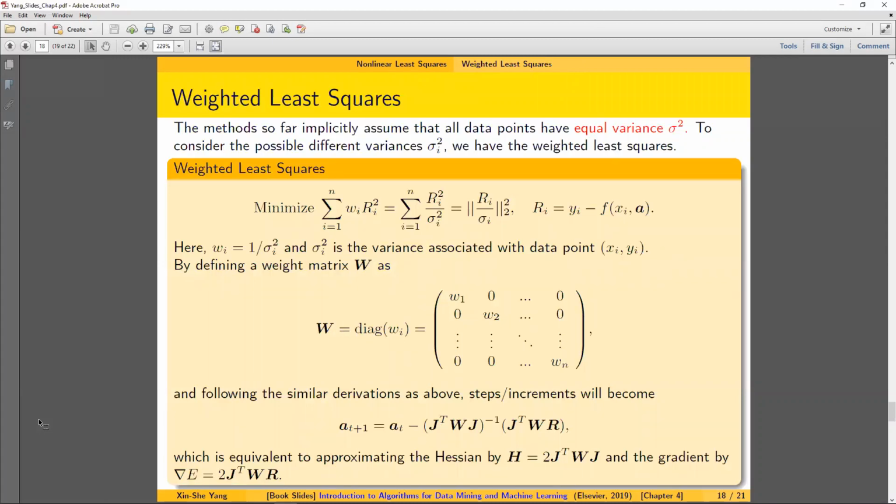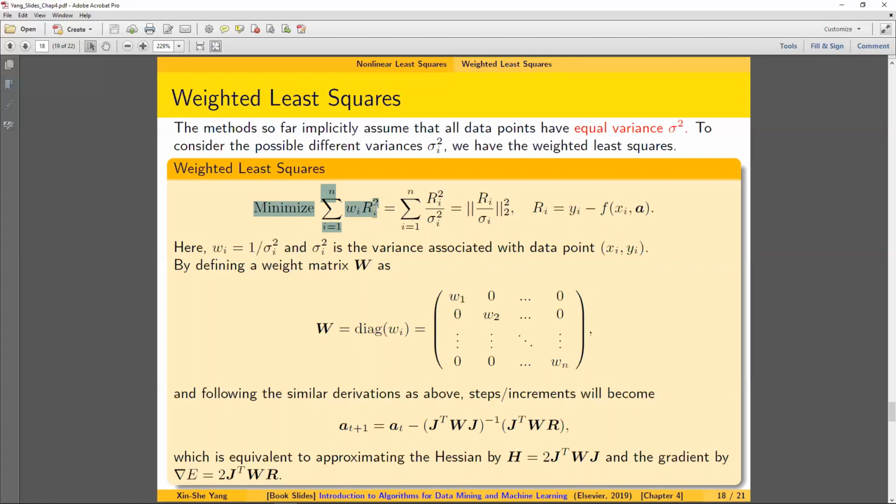But here, what if the data points don't have equal variance sigma squared? To consider the possibility of different variances, sigma_i squared, we have the weighted least squares. So instead of minimizing the sum of R_i squared, we use W_i times R_i squared as our error term, and then we try to minimize that weighted least squares.